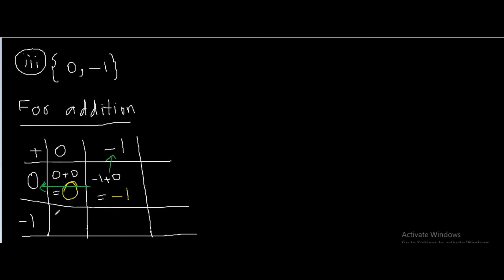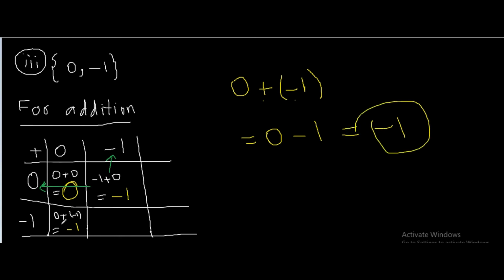So this is 0 plus -1, and you very well know that the result will be -1. Why? Because on the rough side, 0 plus -1 is equal to 0 minus 1, which is -1. That's why we have written -1 at this place.